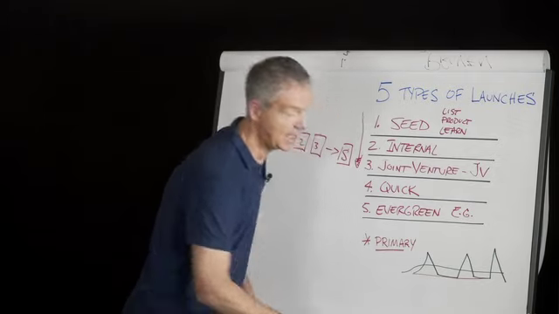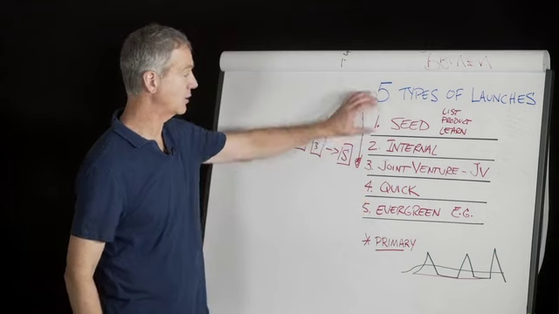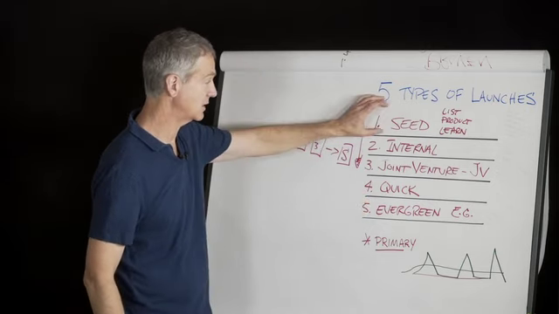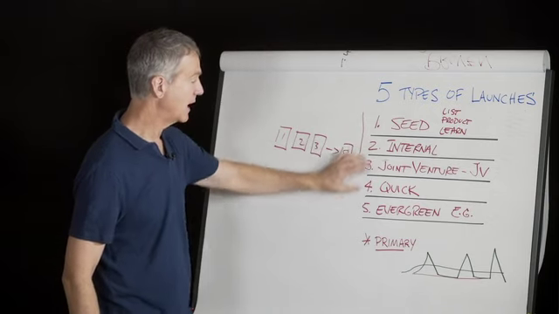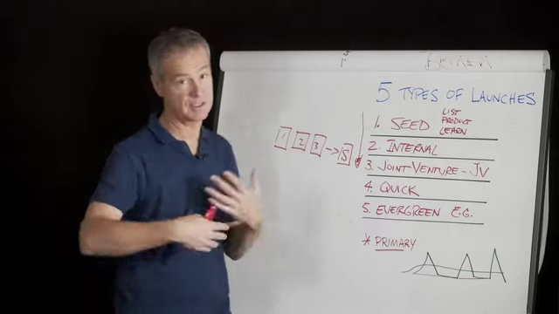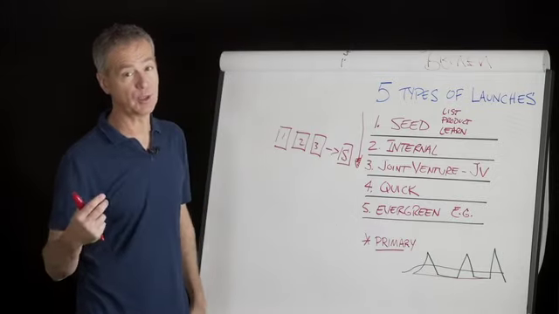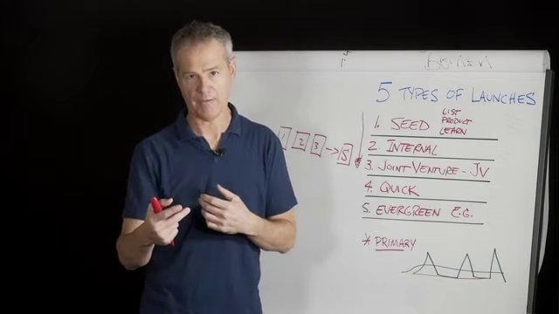Again, it's an advanced strategy, putting this together. So the process is you start up here, you get your internal launch right, maybe you do a joint venture launch, and once you get this right, then you can turn it into evergreen, and it gives you the nice consistent flow. The really beautiful thing about evergreen is it works well with paid traffic.